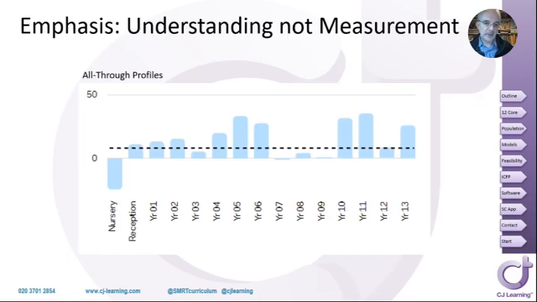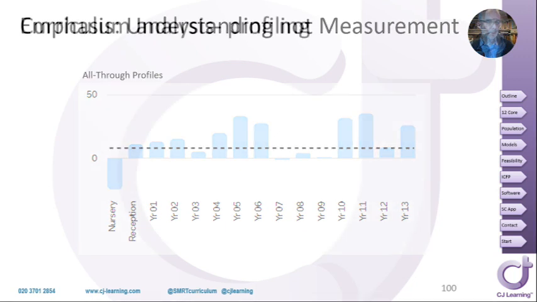Now, in this understanding of curriculum enhancement, we are now not looking at an emphasis on metric measurement. What we're looking at is profiling a curriculum. The curriculum that you see on the screen now is an all-through school, nursery to year 13, where the curriculum enhancement, that level, the product of learners, average class size and cycle, and therefore planned curriculum, tells me where I am putting my investment.